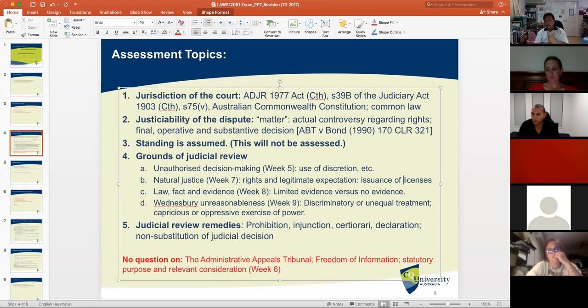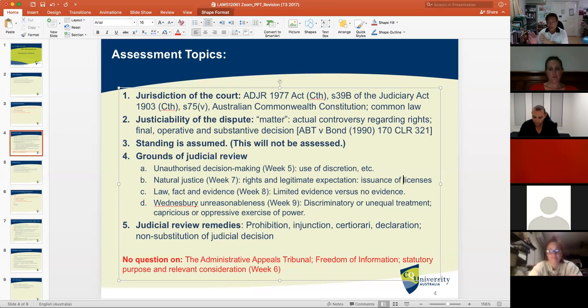Now, when it comes to prohibition and injunction, for example, what you need to remember is that in relation to prohibition, as a general rule, not only is the writ available against an officer of the Commonwealth, but the requirement is that, one, there is a lack of jurisdiction or an excess of jurisdiction when the officer of the Commonwealth made a decision, or two, the Commonwealth officer should have acted judicially.